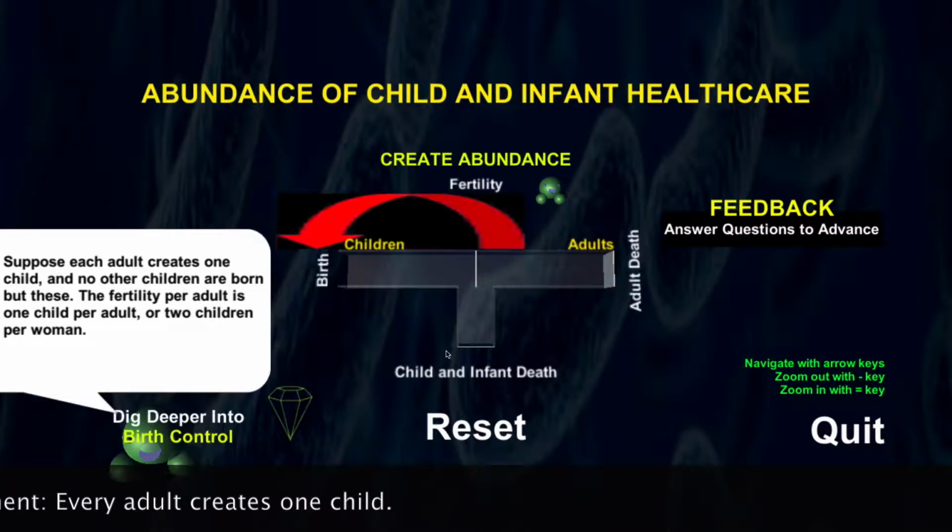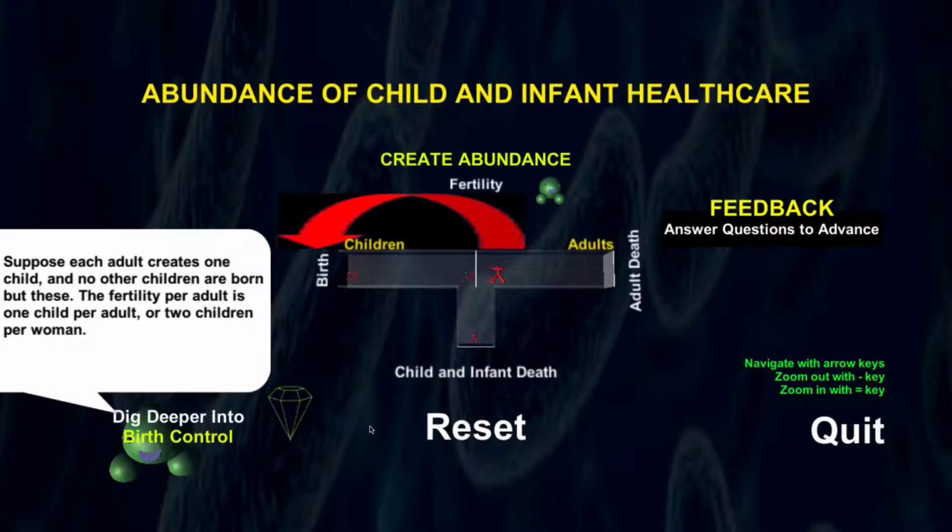Let's just hit the reset button and see what happens. I have 10 children being born here. Some of them are becoming adults, and some of them are dying as children. And each adult reproduces himself or herself. Well, when you have infant death and childhood death, then eventually the population will die out because the children who die don't replace themselves.